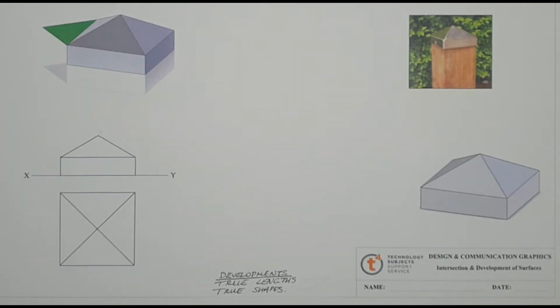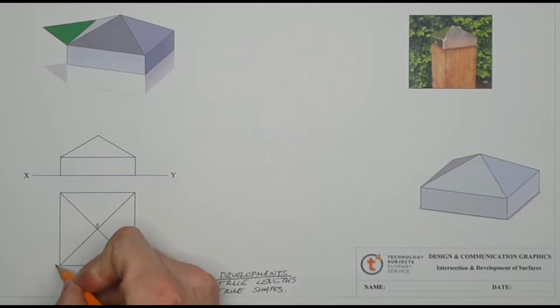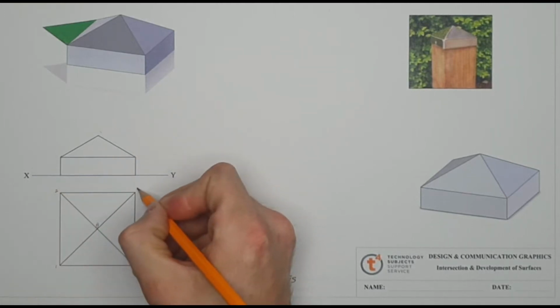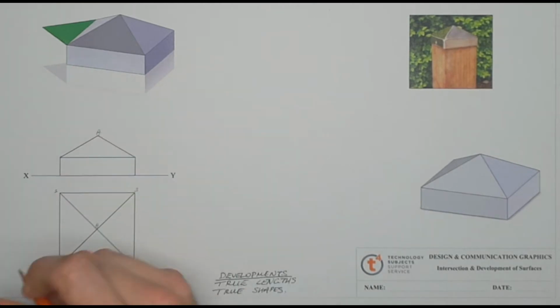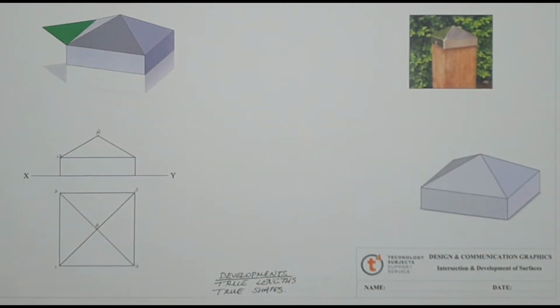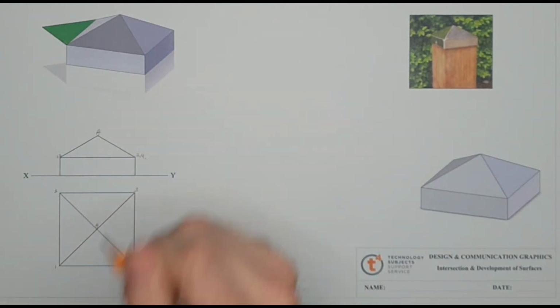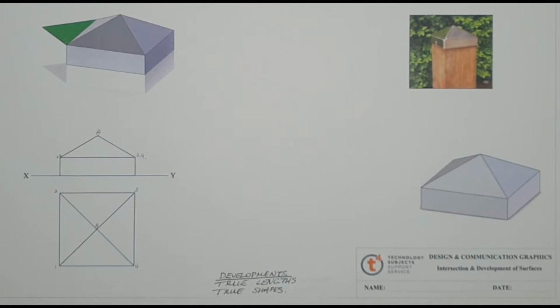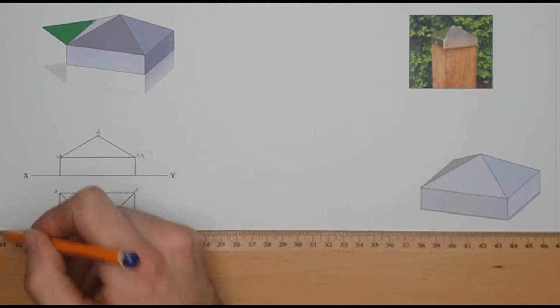To find the true length of a line in plan, I'll call that A for apex there, and points 1, 2, 3 and 4 there. 1 and 2 are falling in line with each other, and then we have 3 and 4 falling in line with each other. To find the true length of a line, I'm going to do a rebatment, not an auxiliary.